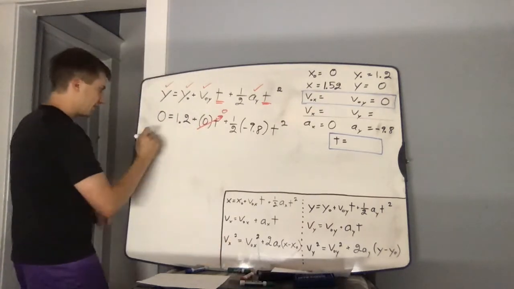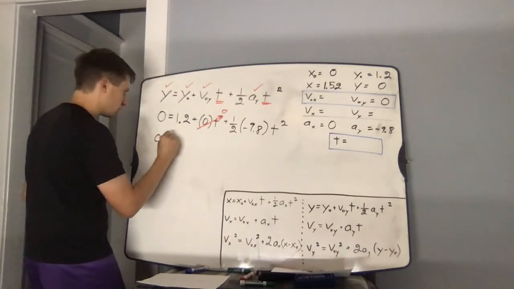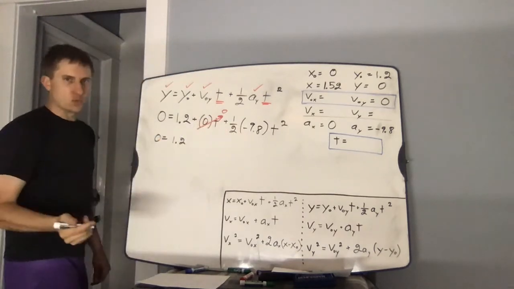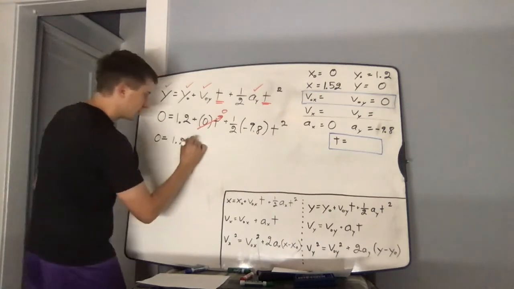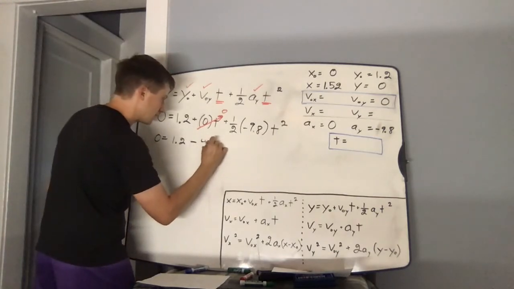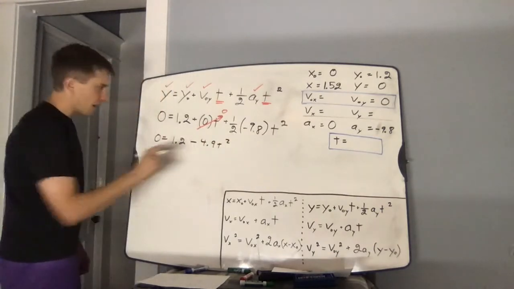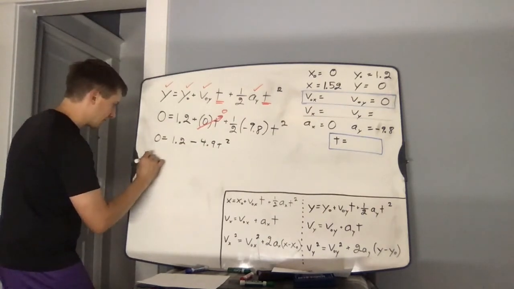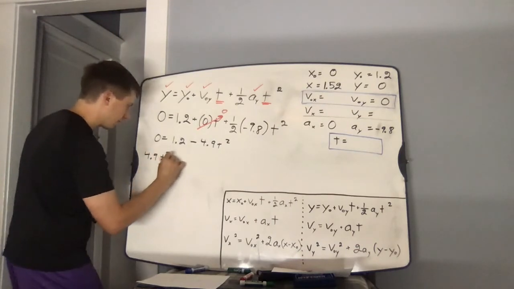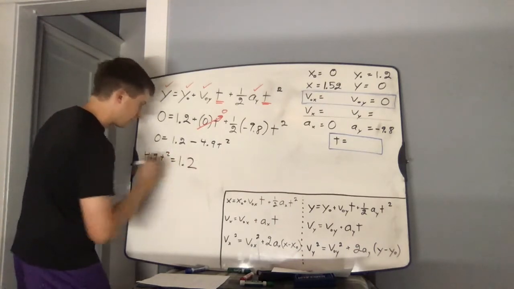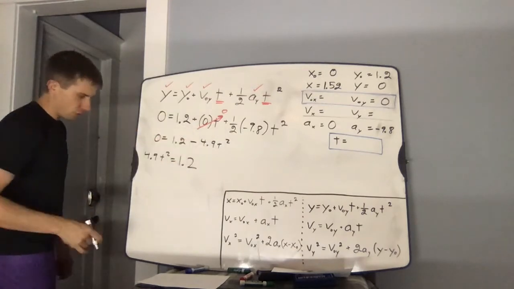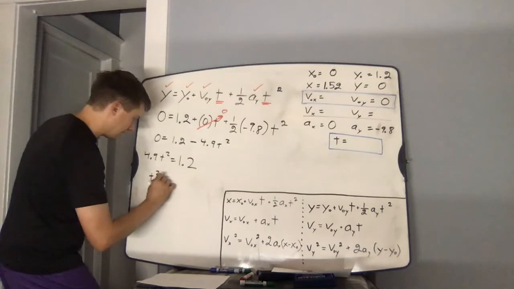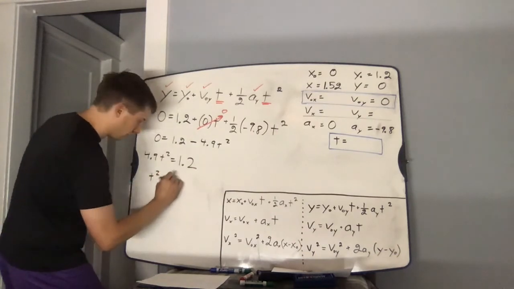So what I'm left with is 0 is equal to 1.2 minus 4.9 t squared, since negative 9.8 times 1/2 is negative 4.9. I bring the negative 4.9 to the other side, so I get 4.9 t squared equals 1.2, and divide 4.9 from both sides. I get t squared is equal to 0.245.